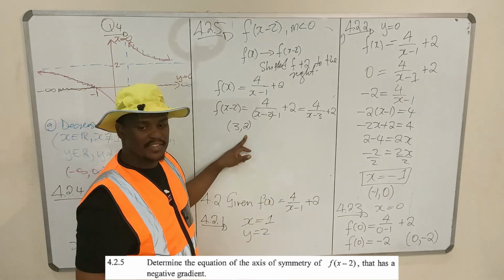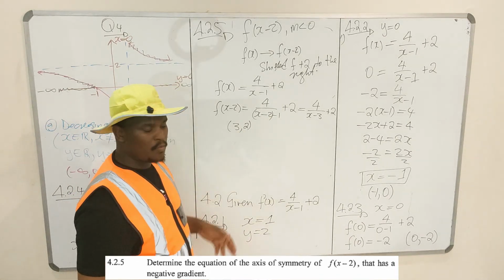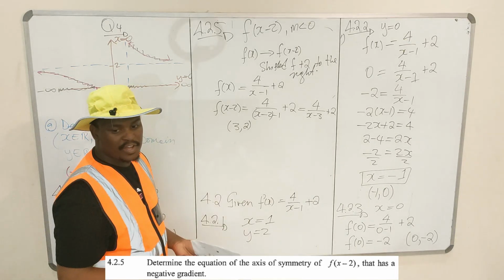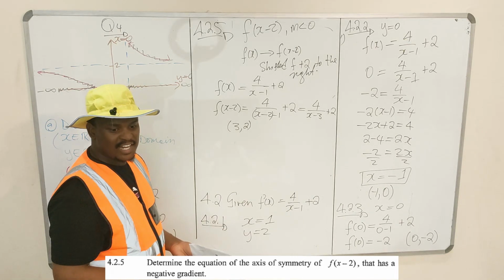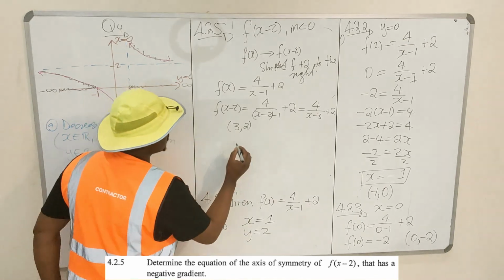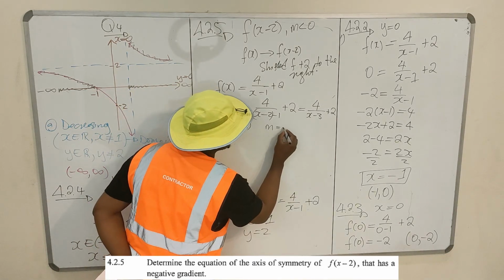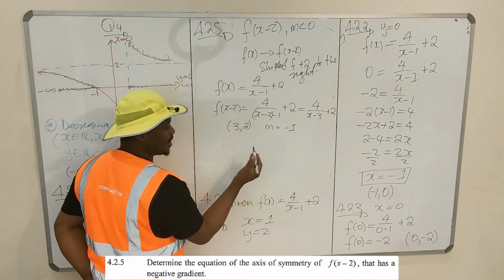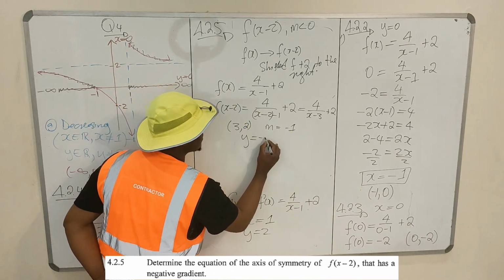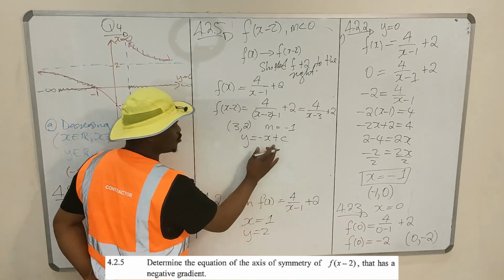So now, once you have these, what do you need to do? You need to find the equation of the axis of symmetry that has the negative gradient. So how do you do that? If it has the negative gradient, your m is equal to minus 1. You know that. So y is equal to minus x plus c. It should be in this form.